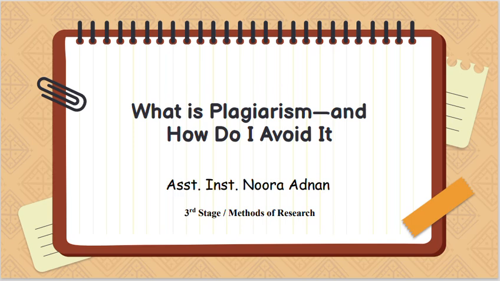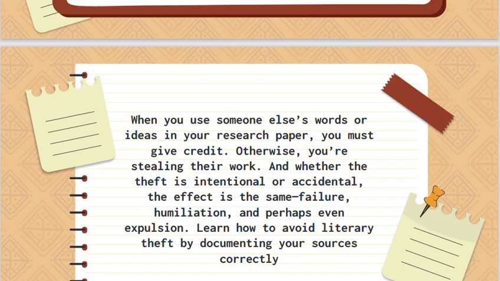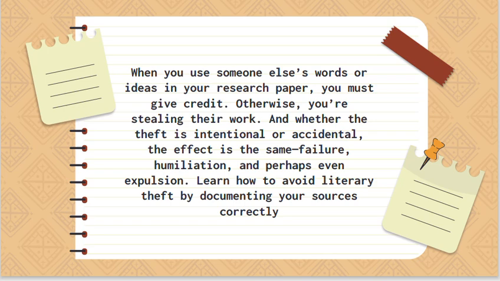Now, how do I avoid plagiarism? I can avoid plagiarism by documenting any sources or books that I use in the research paper. When you use someone else's words or ideas in your research paper, you must give credit or you must document it. You have to mention the author, the original author of this work.